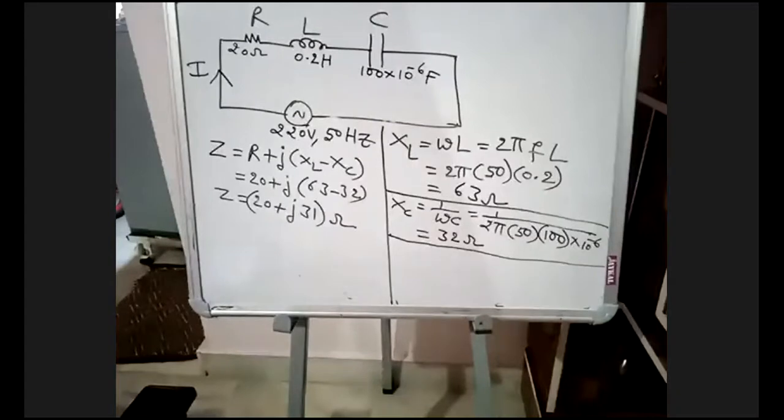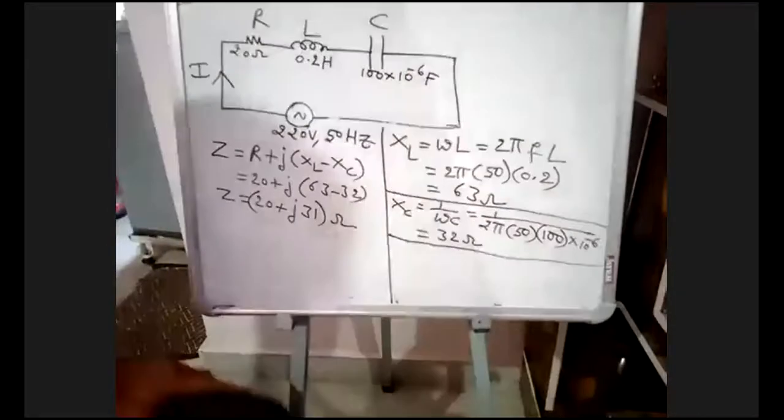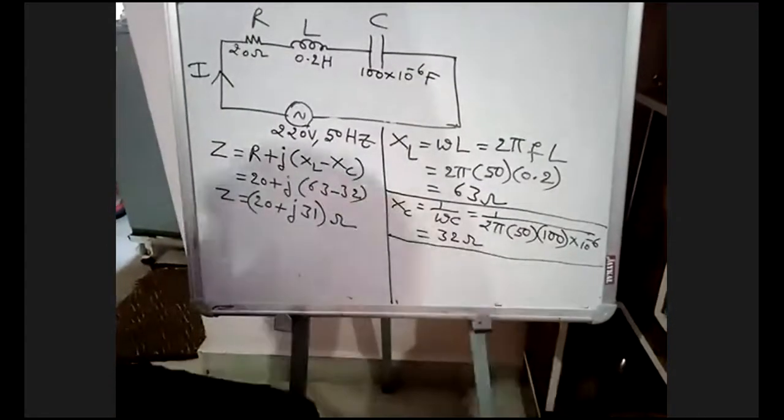Since XL is greater than XC, your circuit is mostly inductive, and in an inductive circuit the current lags the voltage. That's why your power factor is lagging. In the problem they are not asking, but you have to remember this point.